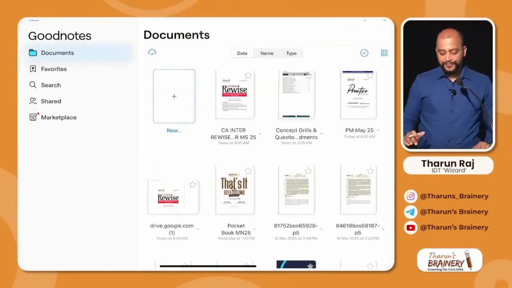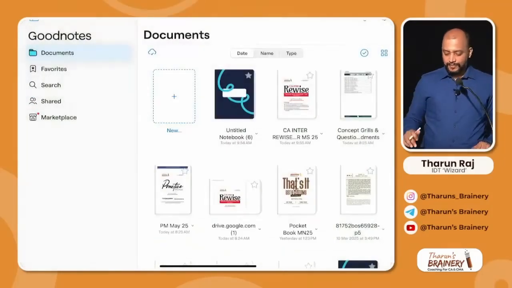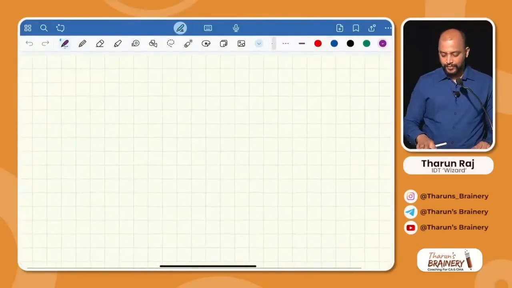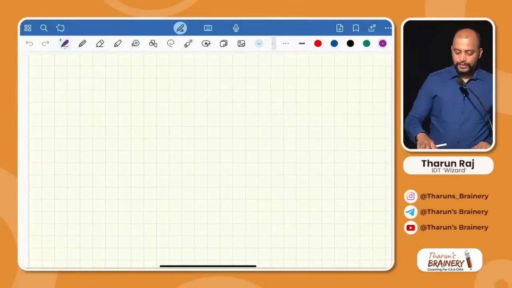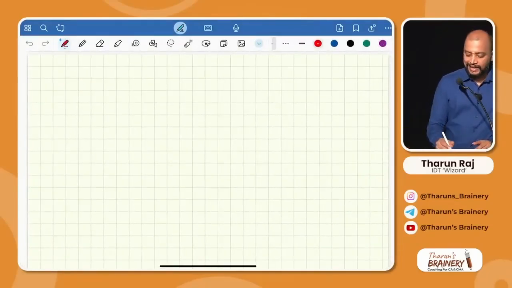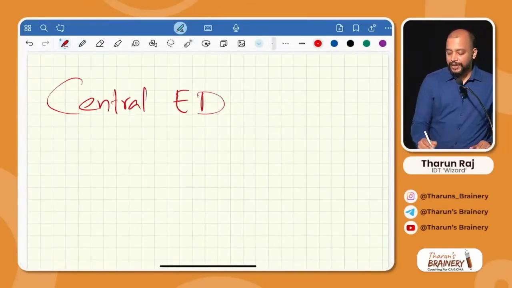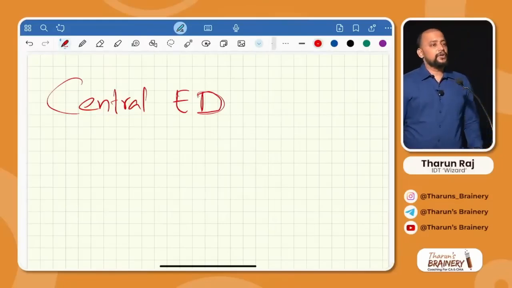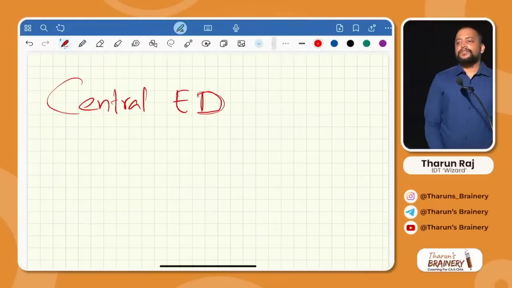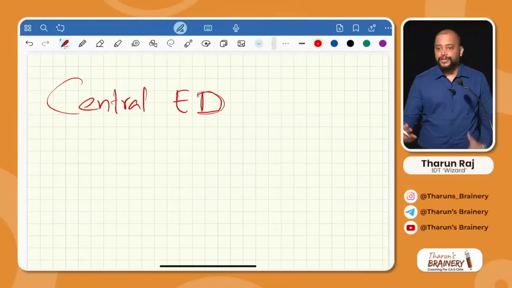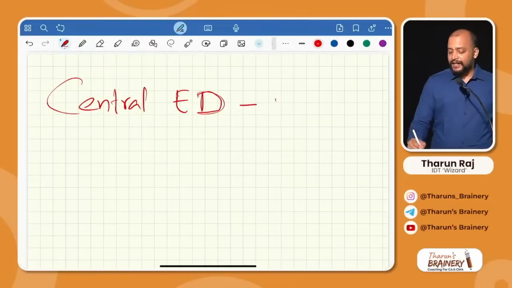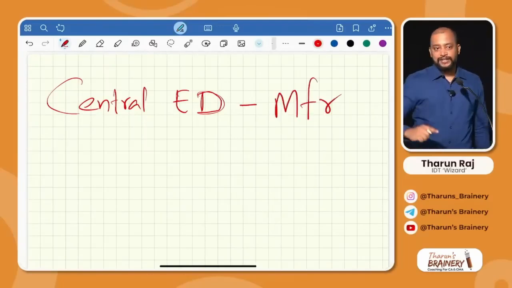So, see this. First we had central excise duty. ED means excise duty. On what do we need to pay? On manufacture. Whenever you were manufacturing, you were required to pay central excise duty.